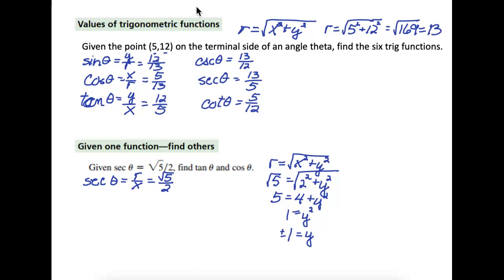They didn't tell us in the problem what quadrant this angle terminated in. That would help us decide which one of those to use. So I'm just going to leave it like that, plus or minus 1.